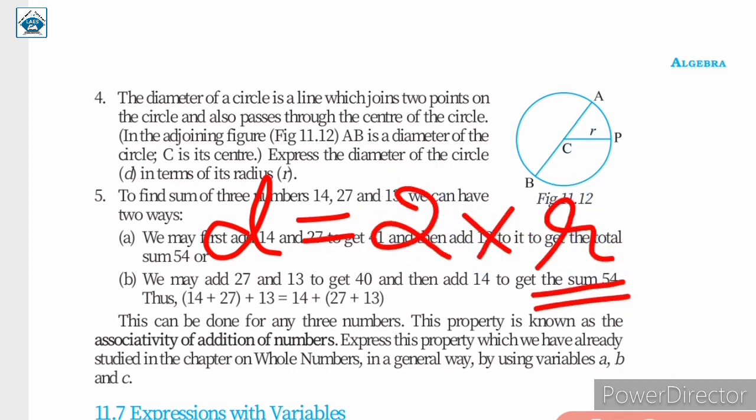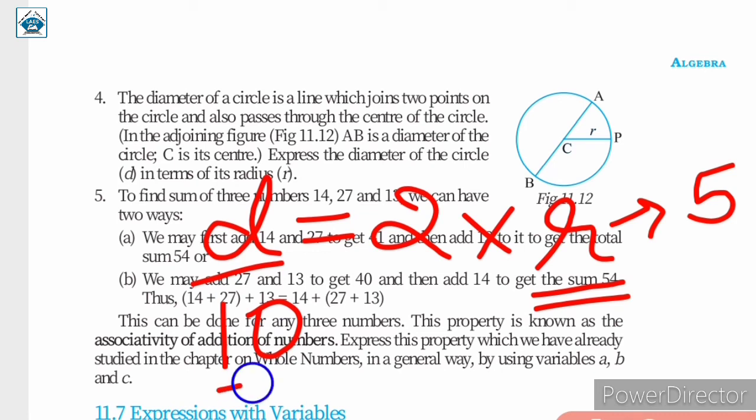So whatever the radius of the circle may be, if it is 4 then diameter will be equal to 8, and if the radius is equal to 5 then the diameter will be equal to 2 multiplied by 5, that is 10. So we need to express the diameter of a circle, taking it as d and the variable r for the radius. Let us see the solution to understand this better.